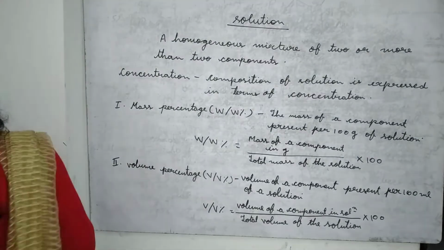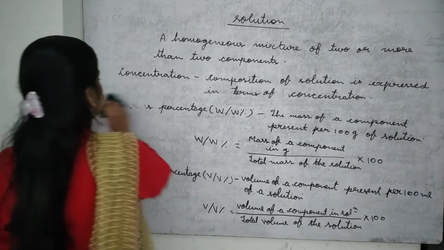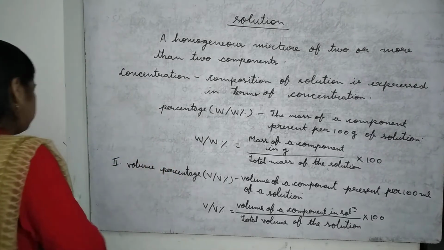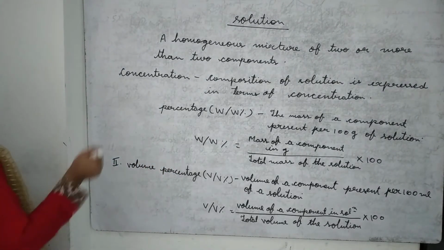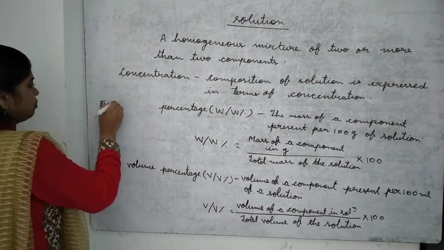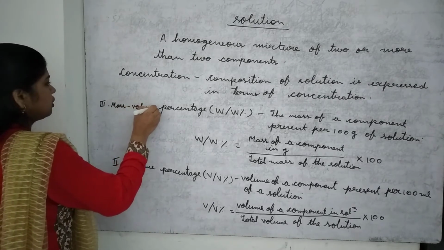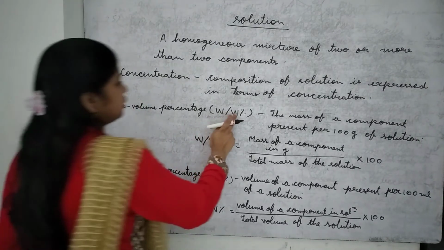Now next is mass volume percentage. Third concentration term is mass volume percentage.